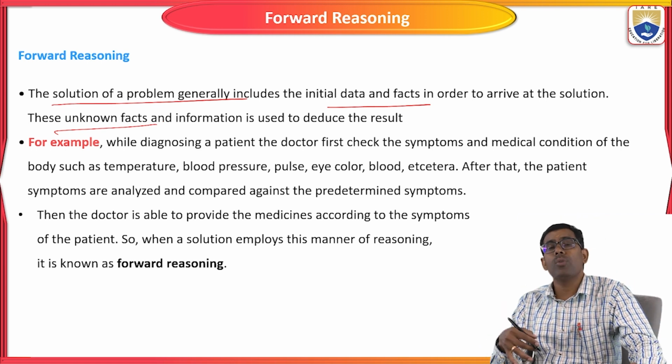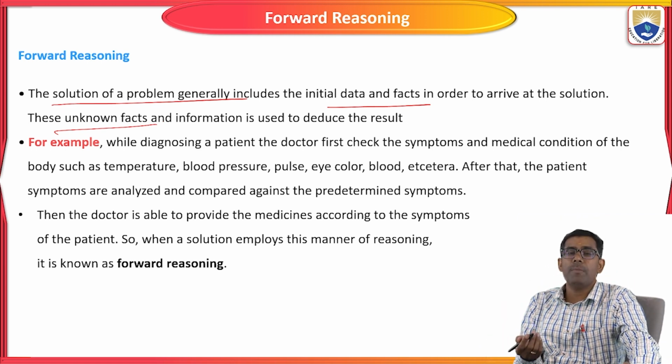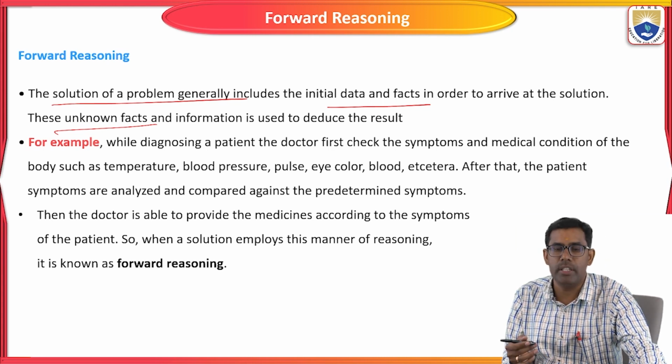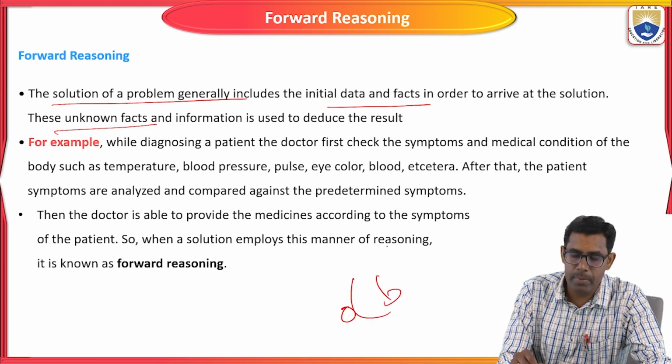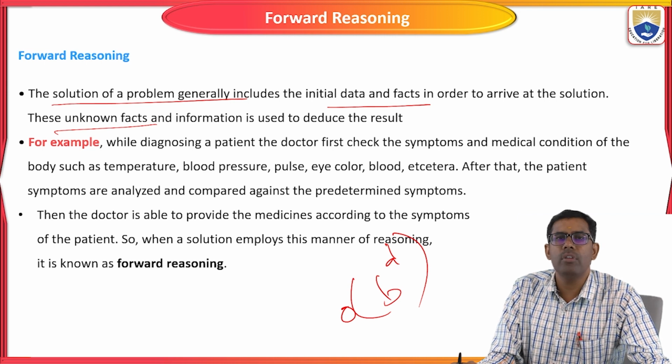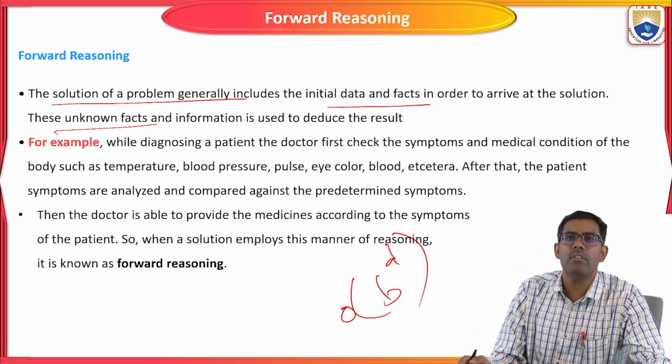There's one more thing: we reduce the time of executing the problem. If you are using forward or backward reasoning, it reduces the time complexity, O(b^d). So the time bound will be reduced if you are using forward and backward reasoning.